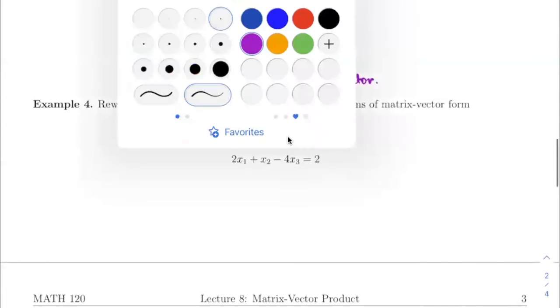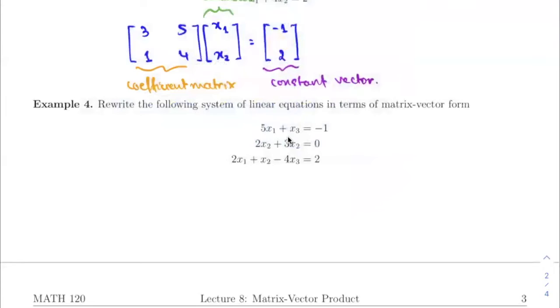So now let's write down the coefficient matrix, which consists of 5, 0, 1. The 0 is in the place of x2 because there's no x2 in the first equation. The second row, or the second equation, consists of 0 because there's no x1 in the second equation, then 2 and 3.